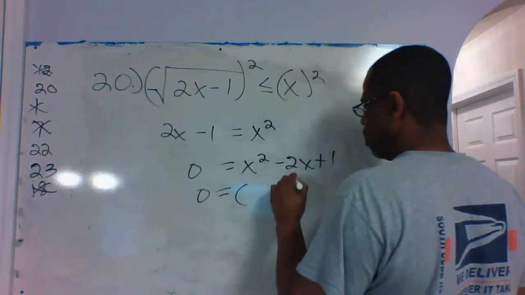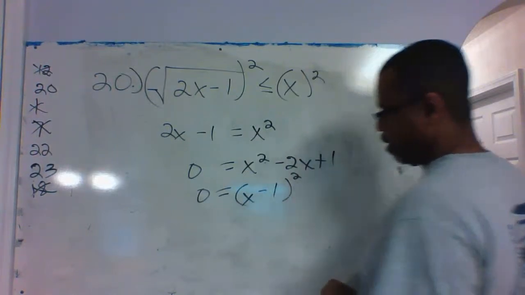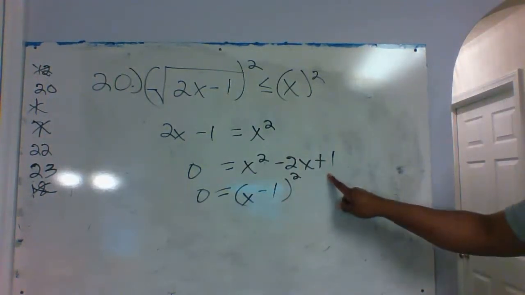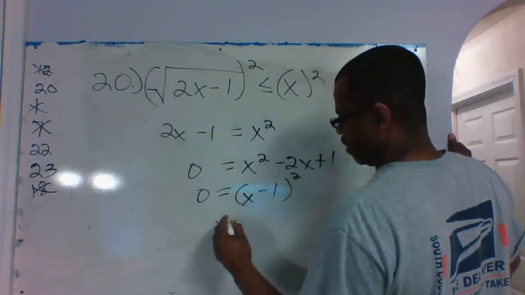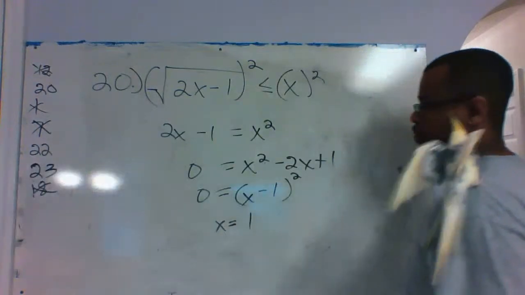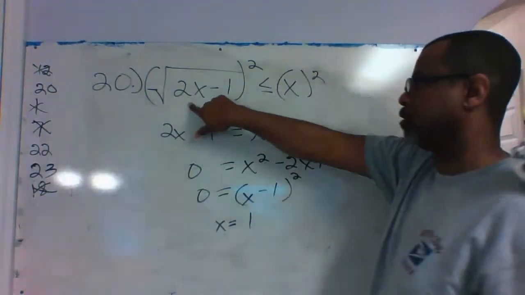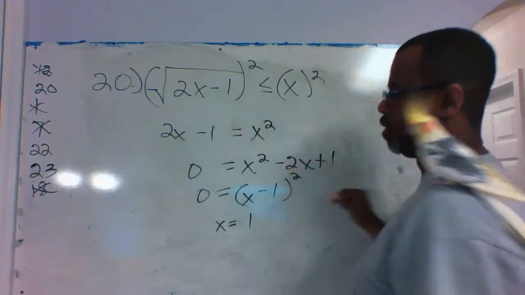All right. So we know from our factoring that this is a perfect square. So the only thing we can check is x equal to 1. But then we got to look here and say what's going to make this 0 over here.